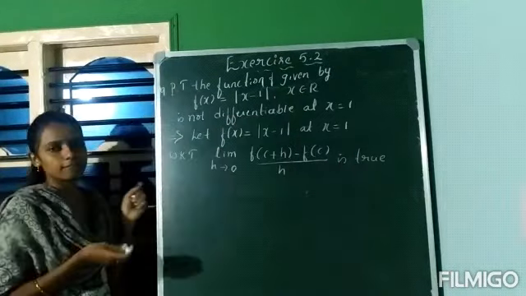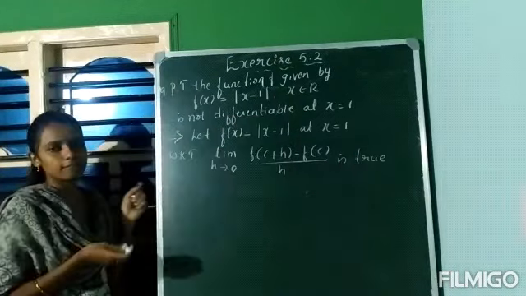So now I'll consider LHL for this definition, the limit as h tends to 0 minus. Why? Because LHL is the negative value of h. Here c is the domain value, that is the value of x.